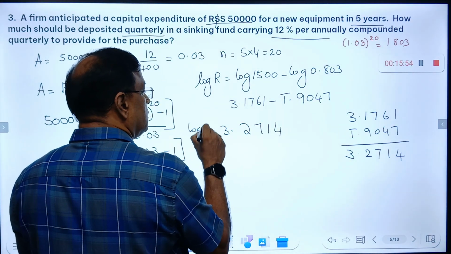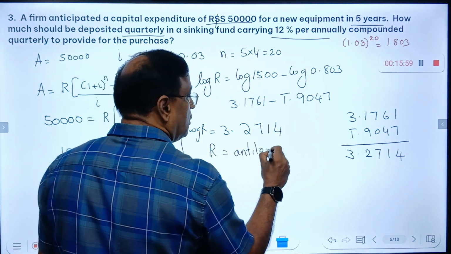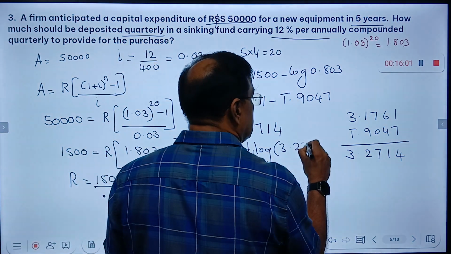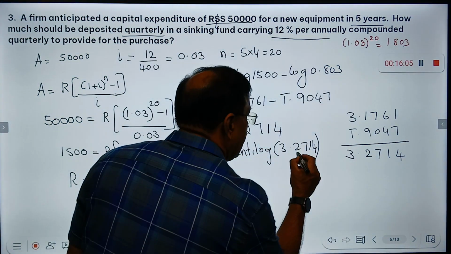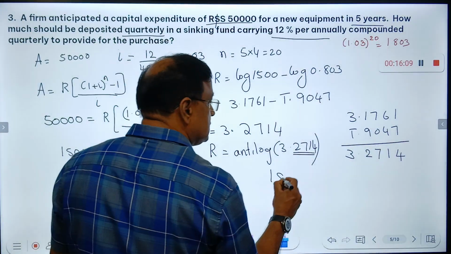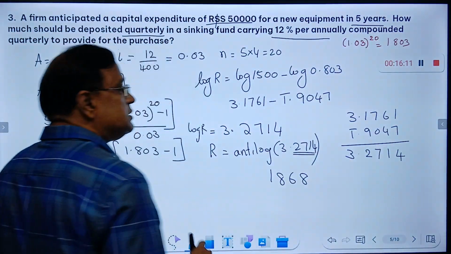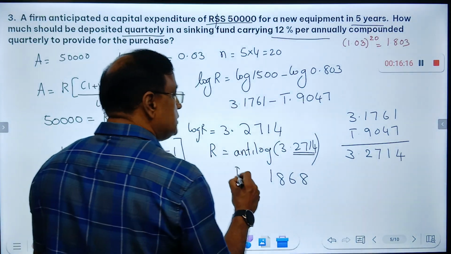This is log R. Now what is R equal to? Anti-log of 3.2714. Look at anti-log of 2714. Anti-log of 2714 is 1868. Since the characteristic is 3, it has to be 4 digits. So your R is this.